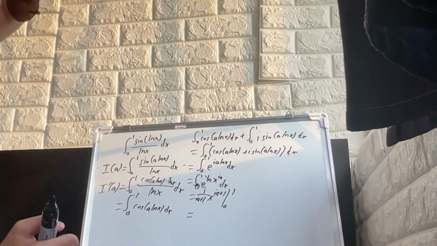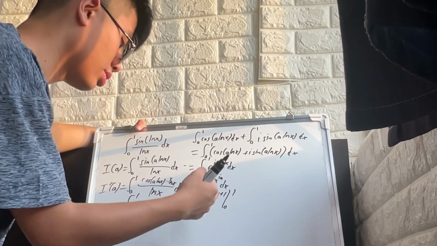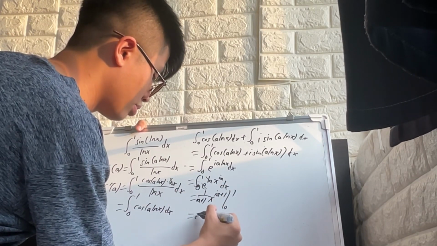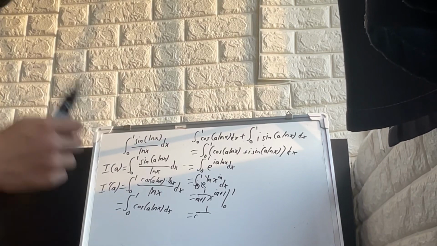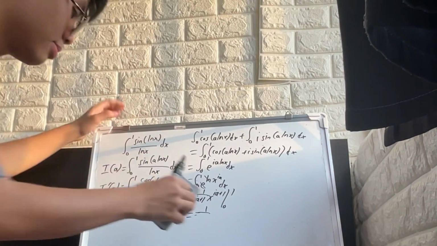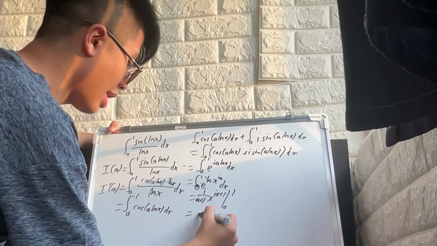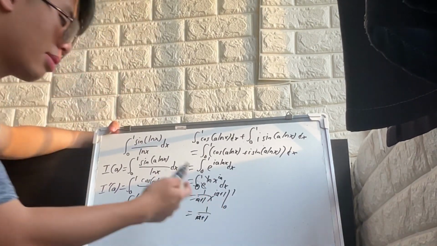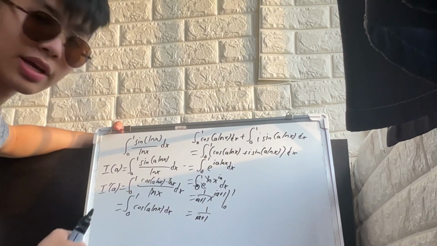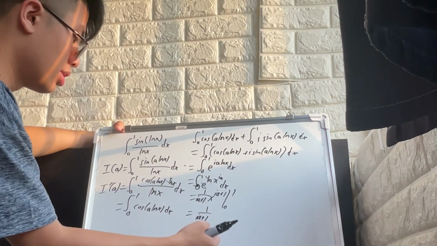So we get 1 over (ia plus 1) multiplied by 1, and then subtract 0, since 0 to any power is just 0.